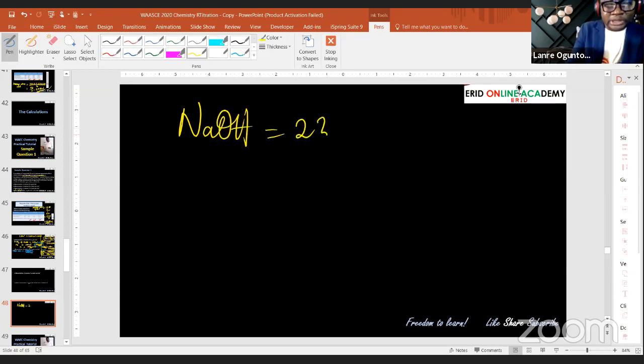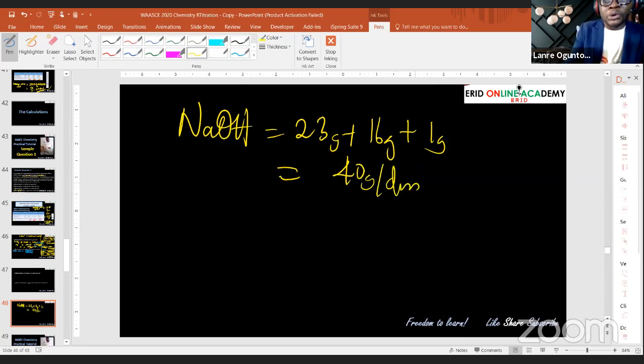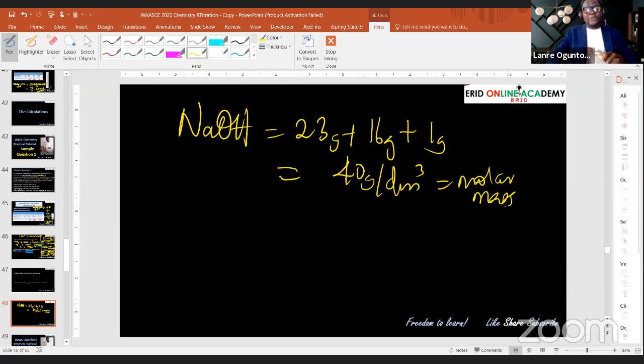Sodium is 23 grams, oxygen is 16 grams, hydrogen is 1 gram. By the time you add all these together, you're going to have 40 grams per mole. That is called the molar mass of sodium hydroxide.